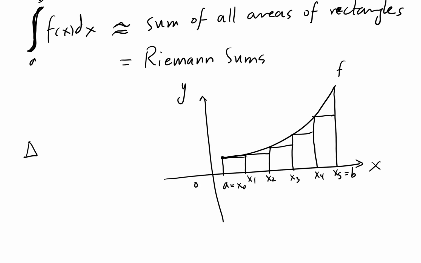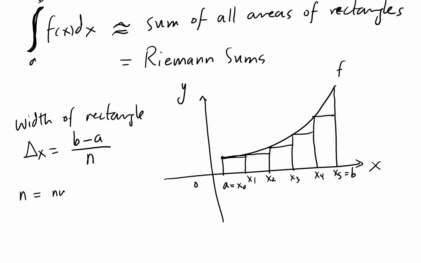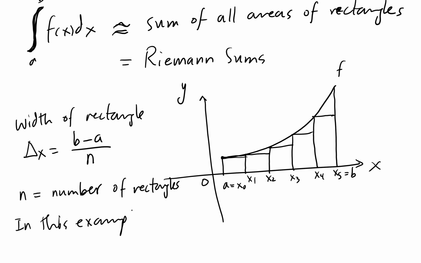So we find the width of the rectangle by calculating delta x, which is always B minus A over n. N is the number of rectangles. Usually it's given to you, 4, 3, 5, whatever it is. In our case, we have 1, 2, 3, 4, 5. In this example, n is 5.